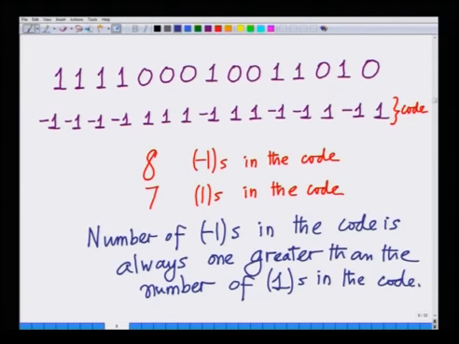So, the number of minus 1s in the code is always 1 greater than the number of 1s in the code. So, this is the first property. So, let me label this. This is property 1.